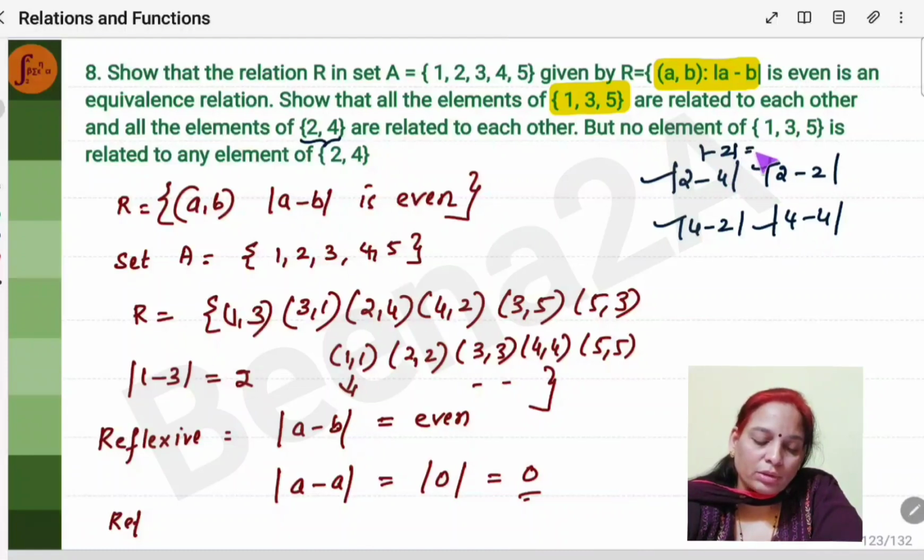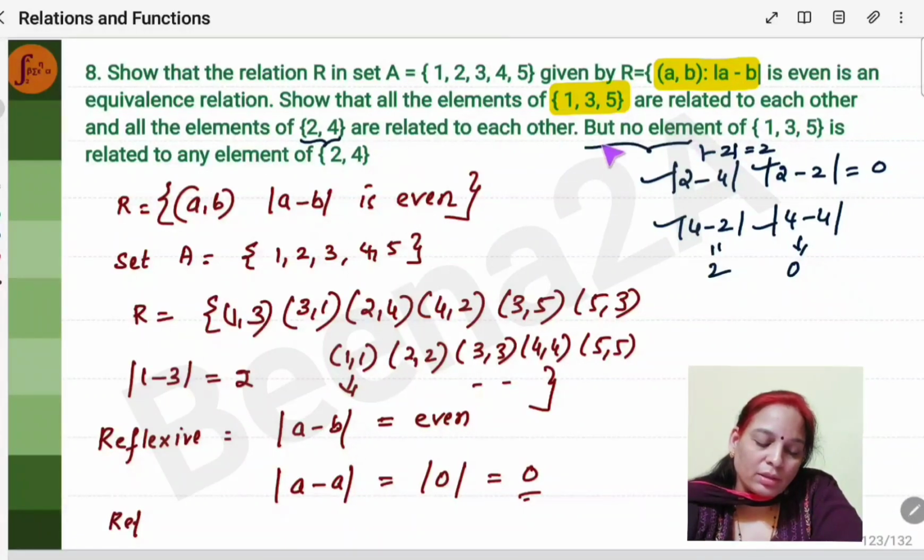Modulus of minus 2 is plus 2. All of this is going to give you an even number. Therefore, you can say all the elements of this particular set 2, 4 are related to each other by this particular relation, that is by modulus of A minus B.